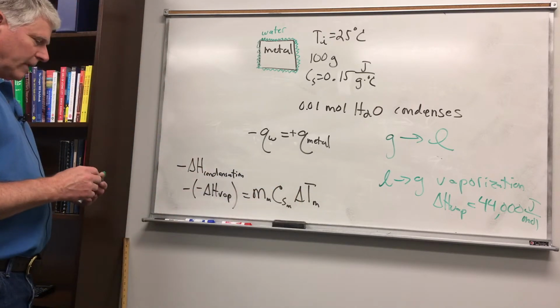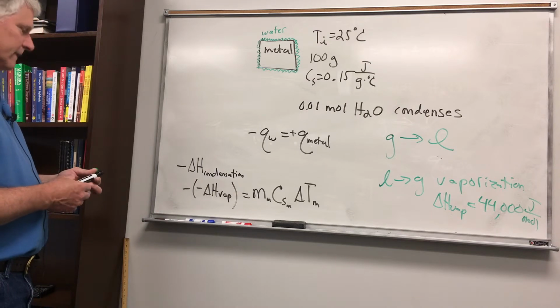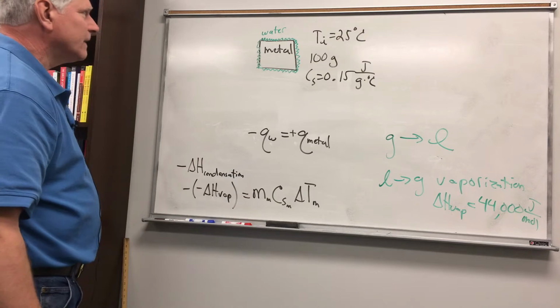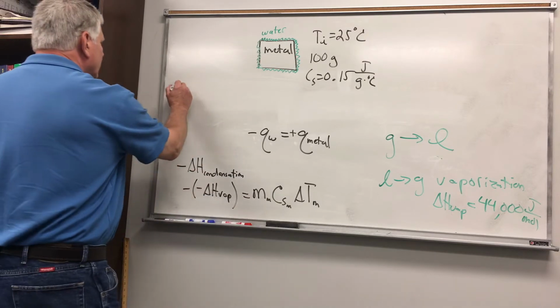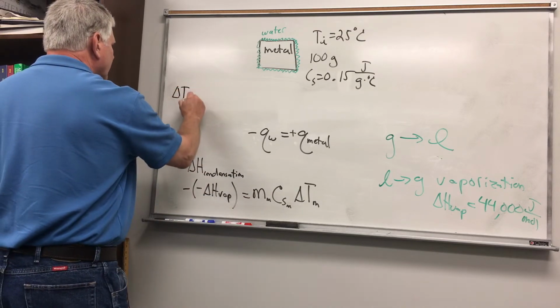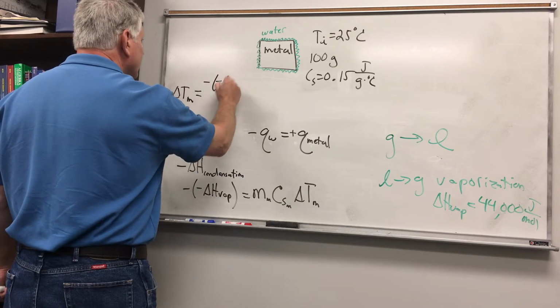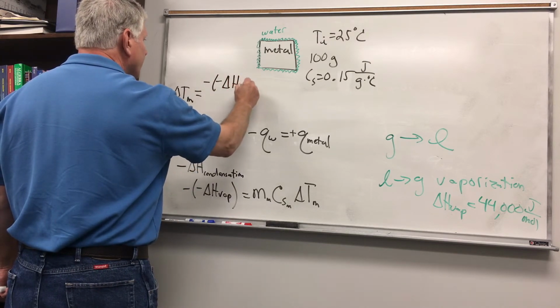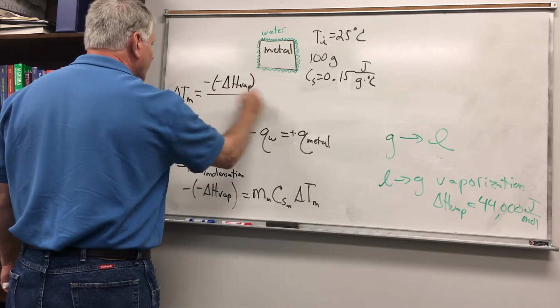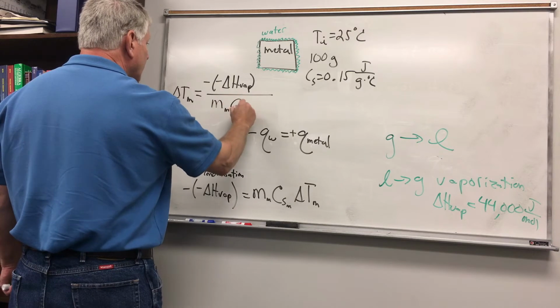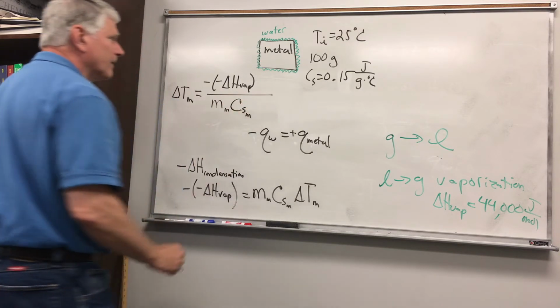So now we can plug numbers into this. Okay, so now we're going to solve for delta T of the metal. So delta T of the metal is going to be equal to the negative enthalpy of vaporization divided by the mass of the metal and specific heat of the metal.